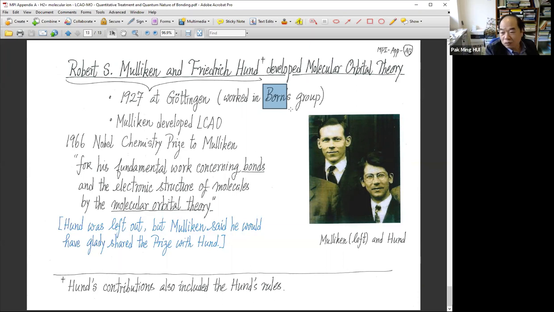So Heisenberg was rather embarrassed. There are letters Heisenberg wrote to Born after the announcement. So Heisenberg just apologized to Born that somehow it's out of his control. The Nobel Committee might have made a big mistake, things like that, okay? So nonetheless, after 20 years, 1954, Born was given his well-deserved Nobel Prize.